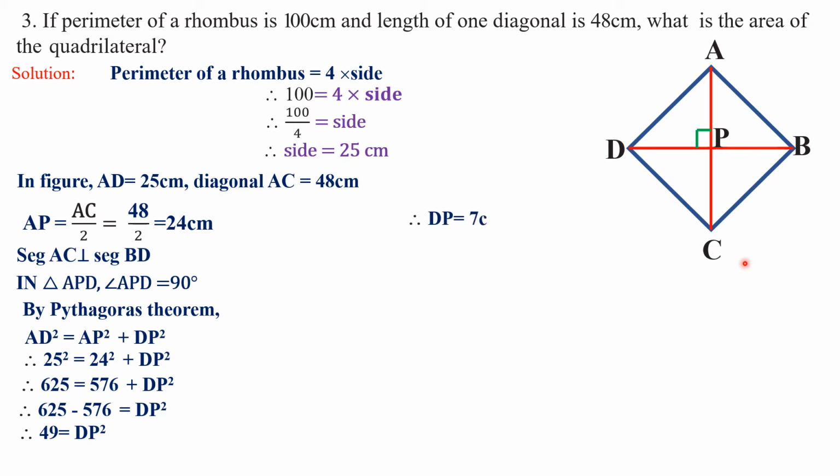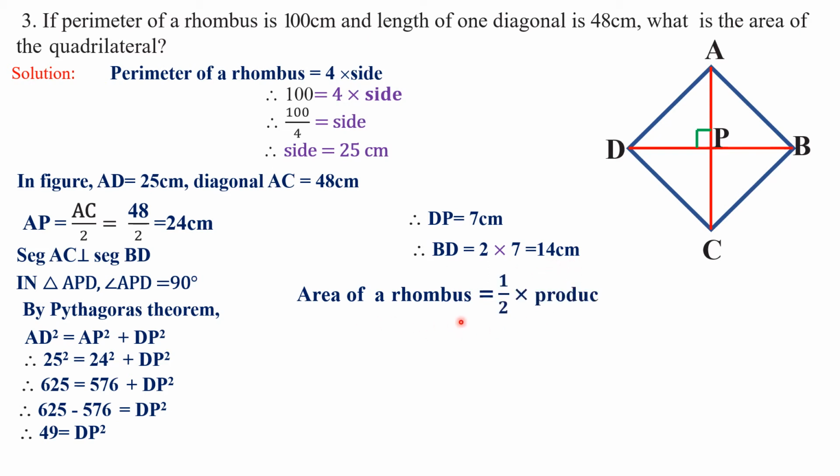Therefore, DP is equal to 7 centimeter, taking square root. Therefore, BD is double of DP, or DP is half of BD. Therefore, BD is equal to 2 into 7, that is 14 centimeter.